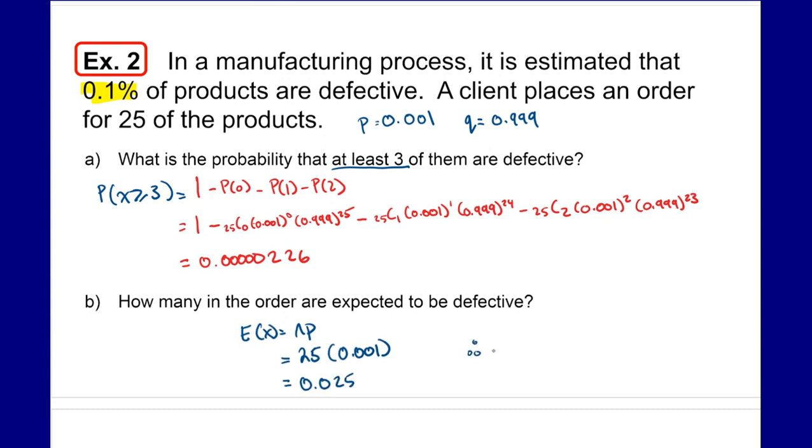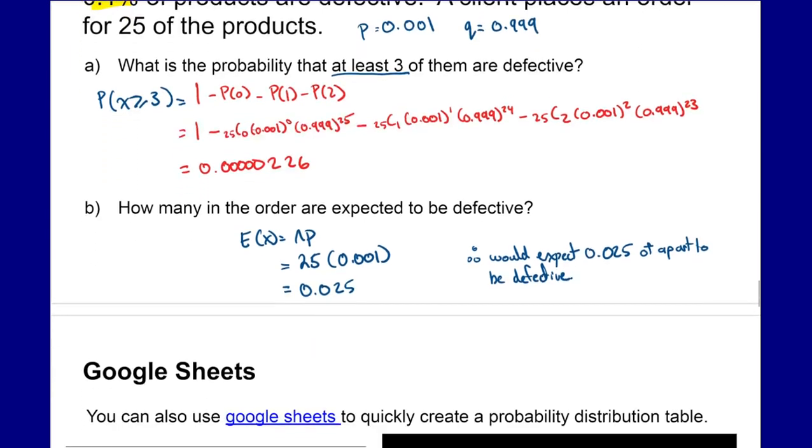So therefore, we'd expect 0.025 of a part to be defective. All right, so a very low number of items that we'd expect to be defective.